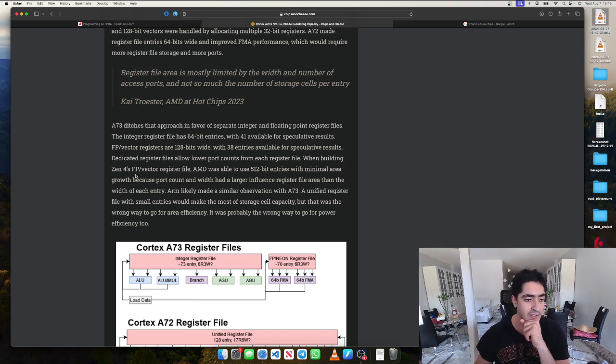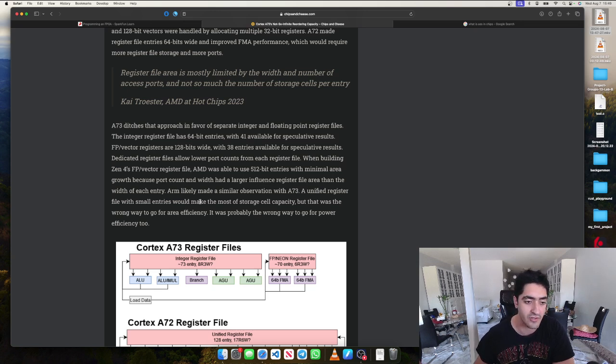When building Zen 4's FP vector register file, AMD was able to use 512-bit entries with minimal area growth because port count and width had a larger influence on register file area than the width of each entry. ARM likely made a similar observation with A73.